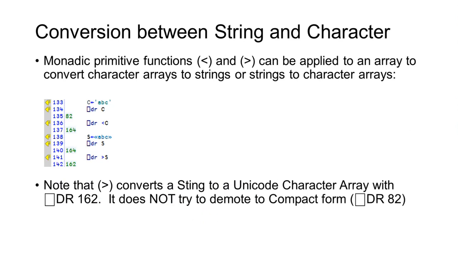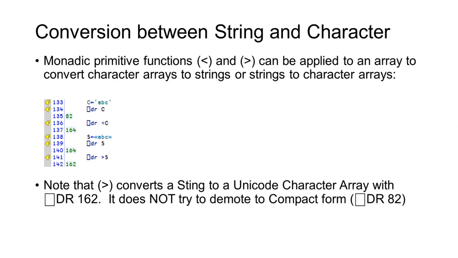For the conversion between string and character, the monadic primitive functions, less than and greater than, can be applied to a character array or to a string to convert character arrays to strings, and vice versa. If you look at line 133 in the middle of the page, we assign C as quote ABC quote, and we look at its data type.